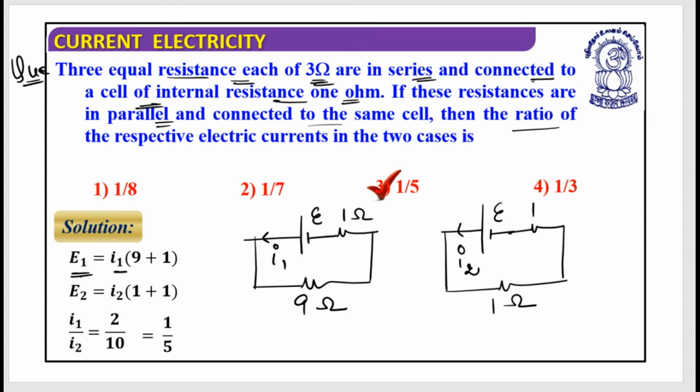So E1 is equal to I1 into (9 plus 1), that is 10 ohm, and E2 is equal to I2 into (1 plus 1), that is 2. As I know that this is the same cell, E1 and E2 would be the same, and so I1 to I2 is equal to 2 by 10, which is equal to 1 by 5. That's it. You did it.